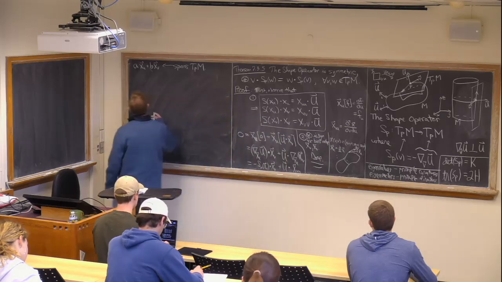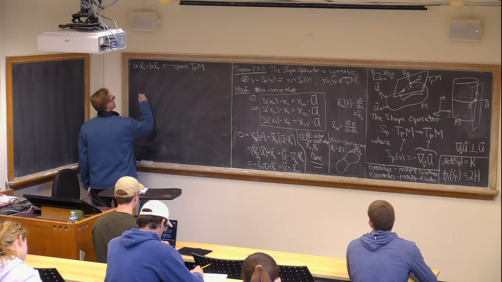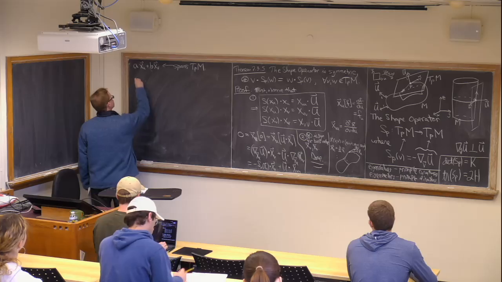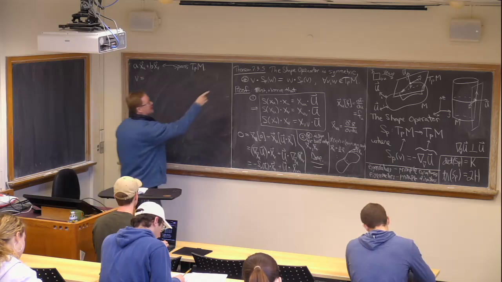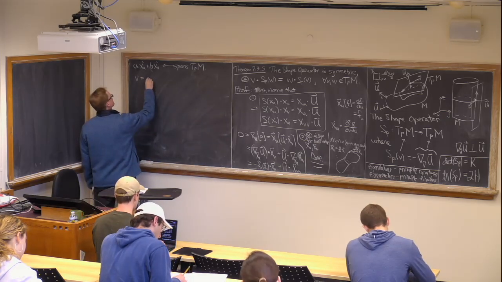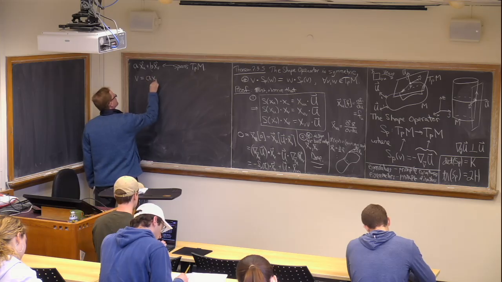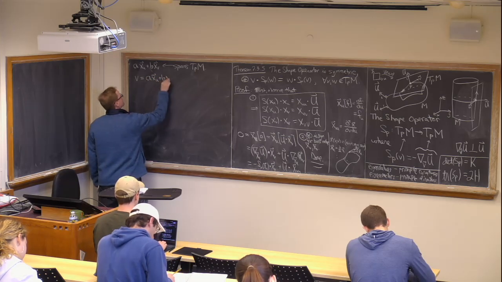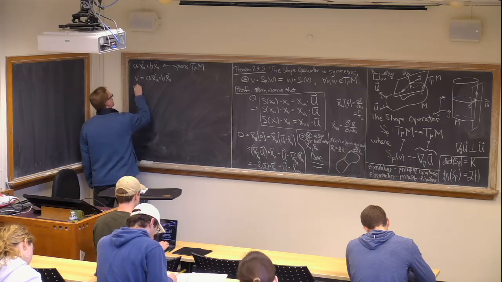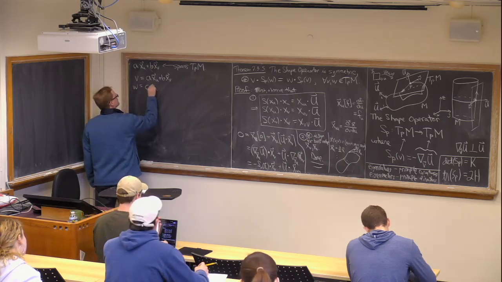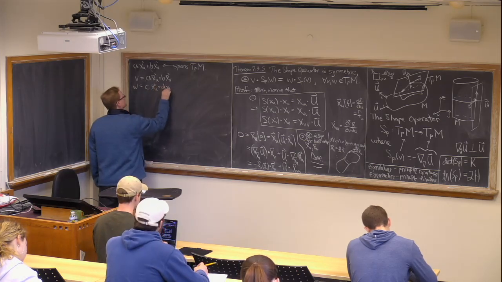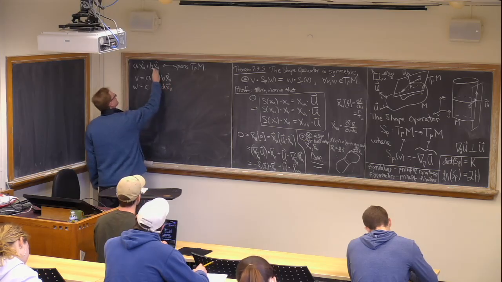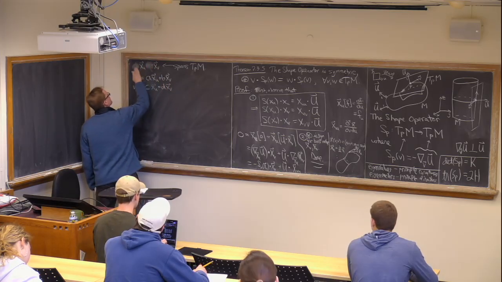So if I want to prove this identity up there, you say, well, let V equal A x_u plus B x_v, and let W equal C x_u plus D x_v. Technically, you say these two vectors span.